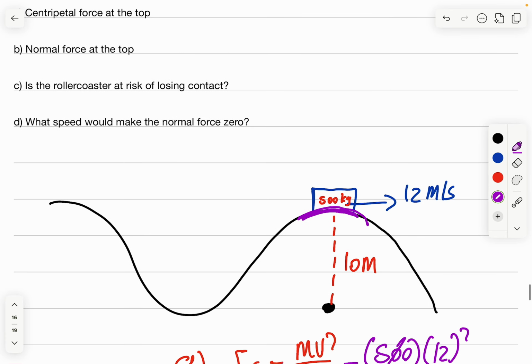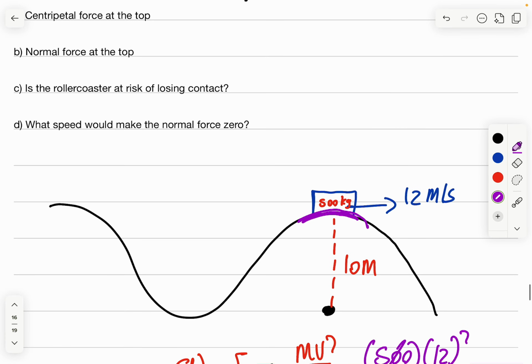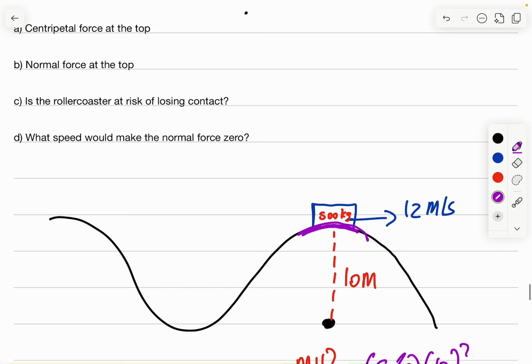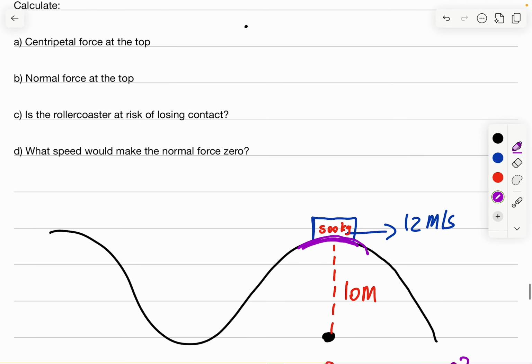So they say, what is the speed that will make the normal force 0? Or is the roller coaster at risk of losing contact? Let's say the roller coaster is here. Is it at risk?